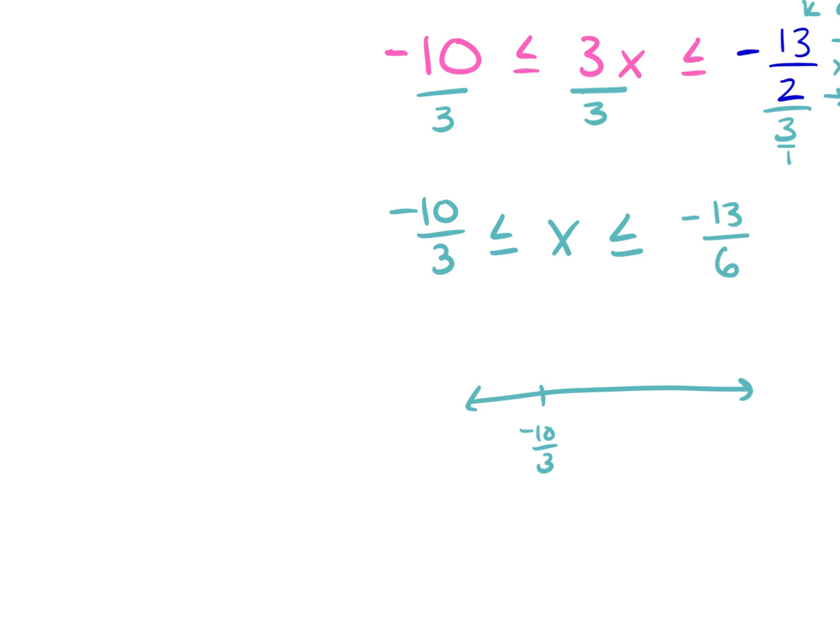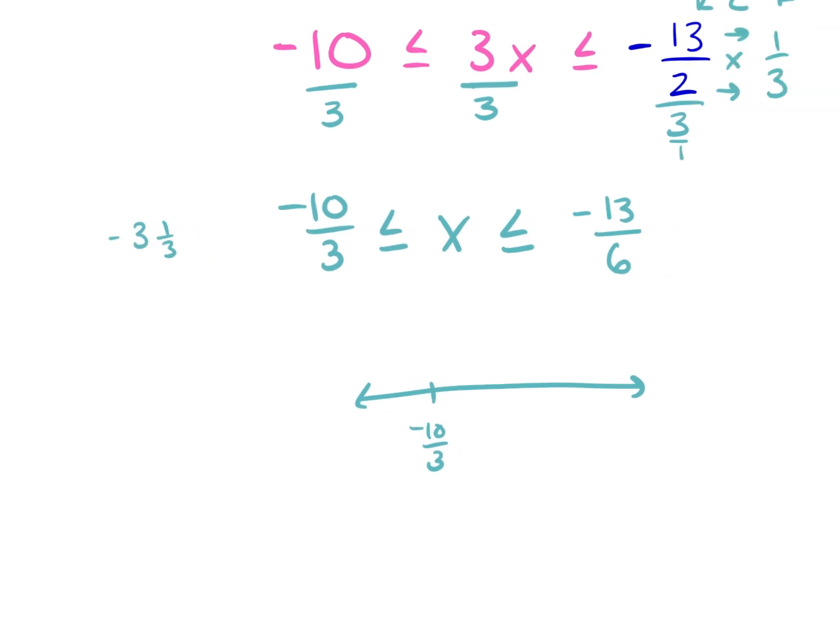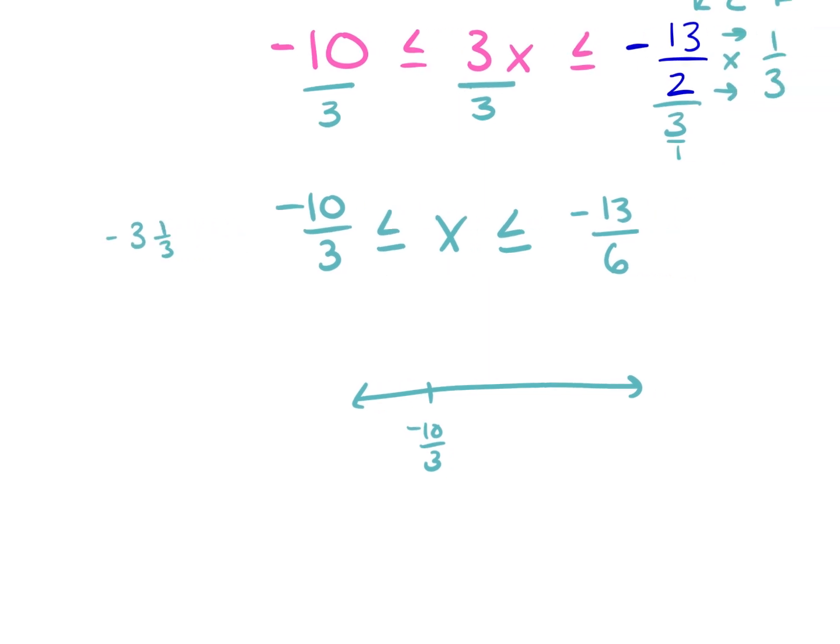How many times does 3 go into 10? 3, and with 1 left over, so it'd be negative 3 and 1/3. How many times does 6 go into 13? 2, so it'd be 2 and 1/6. So which one's smaller? Negative 3 and 1/3, because it's a bigger negative number. So that one would come first. And then negative 13 over 6 would be next.